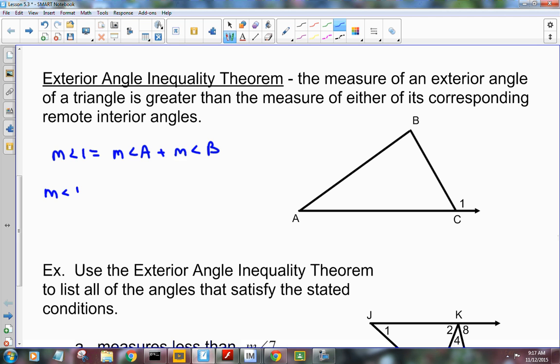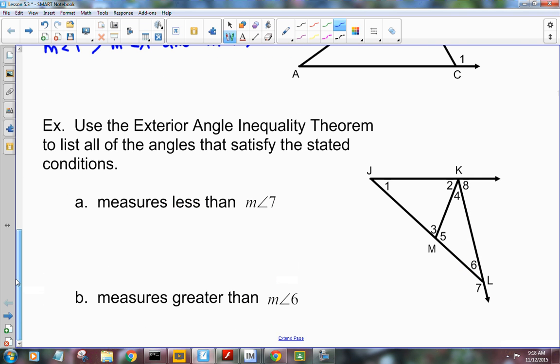So the measure of angle 1 is greater than the measure of angle A, and the measure of angle 1 is greater than the measure of angle B. Because it's equal to their sum, it's greater than either one of them separately. Okay, so we're going to use that idea, and we're going to look at some figures, and determine which angles are greater or less than others.